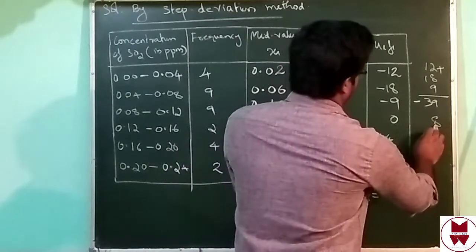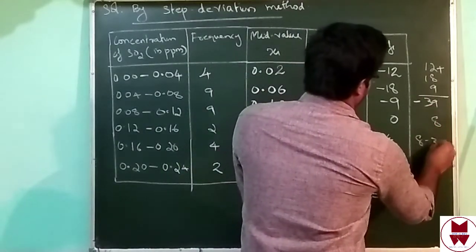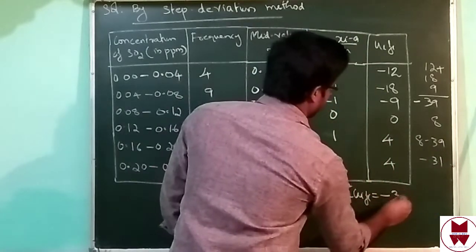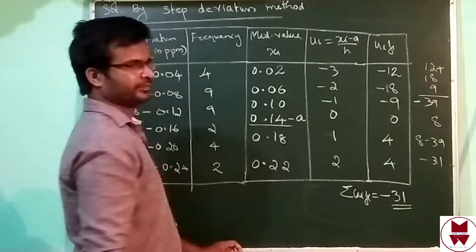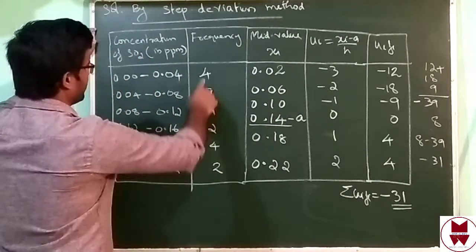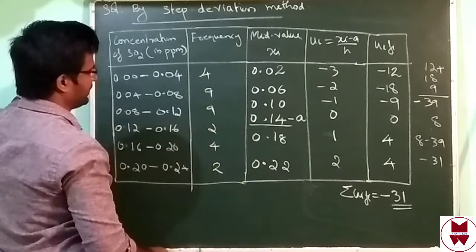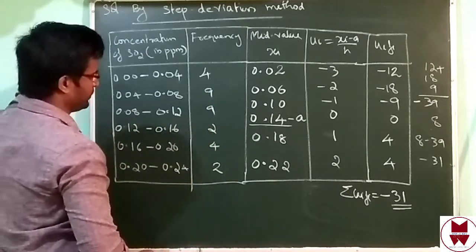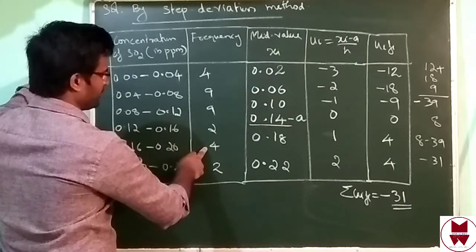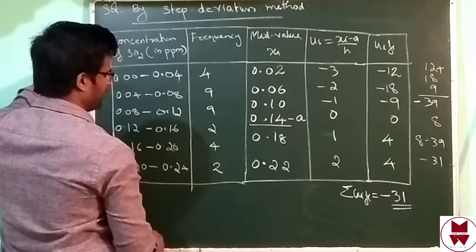Then 8 minus 39, you will get minus 31. Then add all the frequencies: 4 plus 9, 13 plus 9, 22, 22 plus 2, 24, 24 plus 4, 28, 28 plus 2, 30.